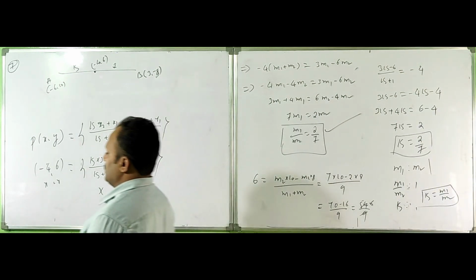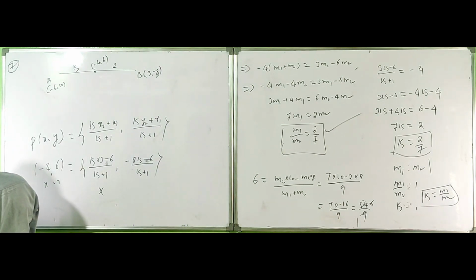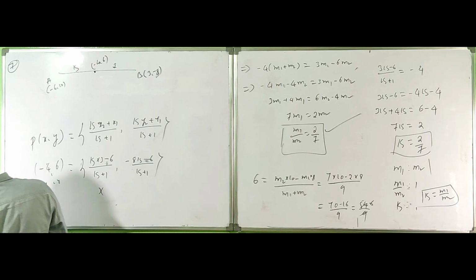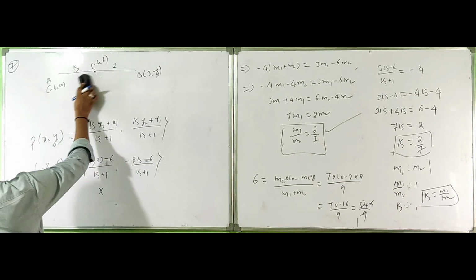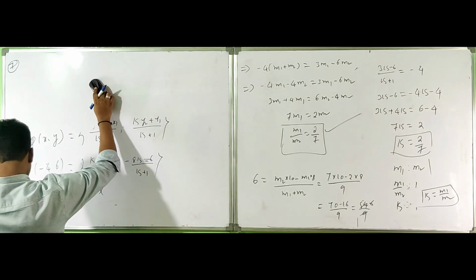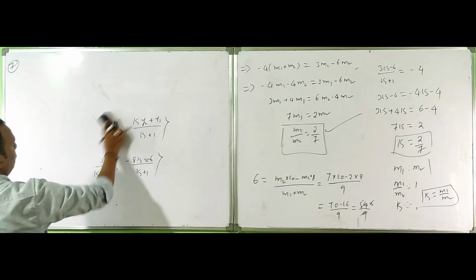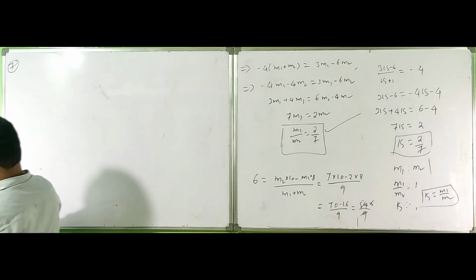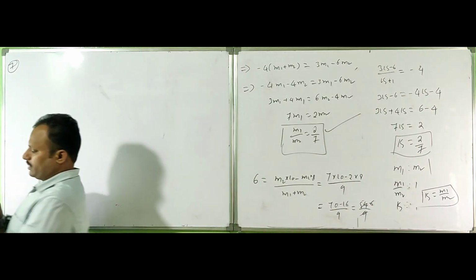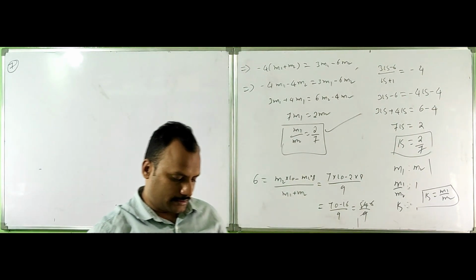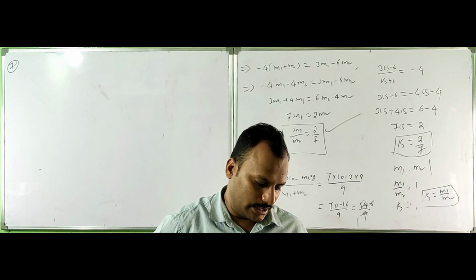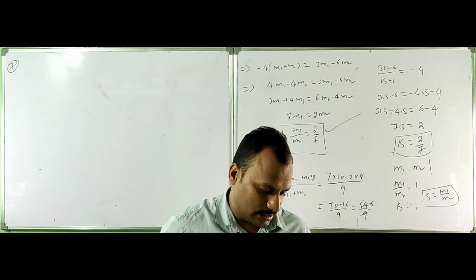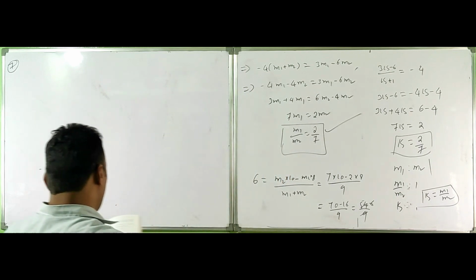Next question: find the coordinates of the points of trisection, the points dividing the line segment joining AB into 3 equal parts.